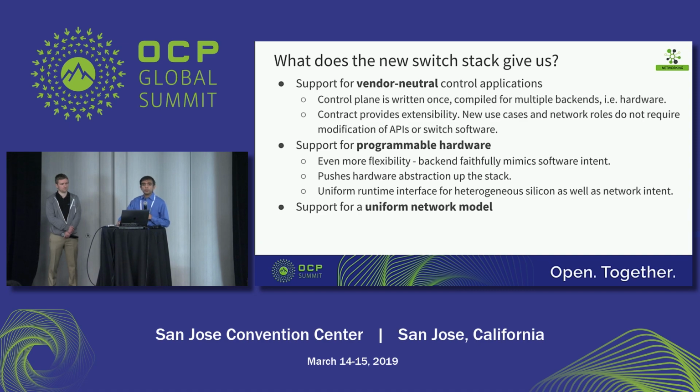So you get a uniform network model here, which helps your telemetry, configuration, management. And that essentially gives us something that's vendor agnostic. You can enable whitebox switches from multiple vendors and have a homogeneous view of the network.